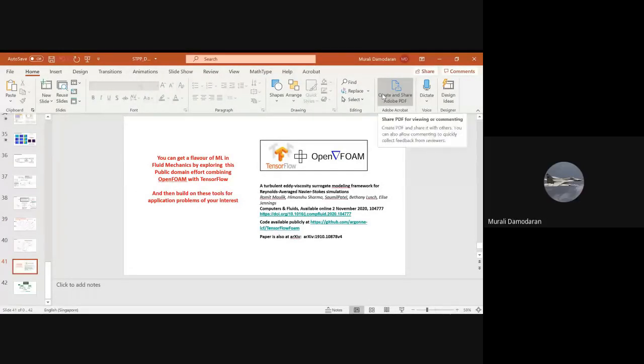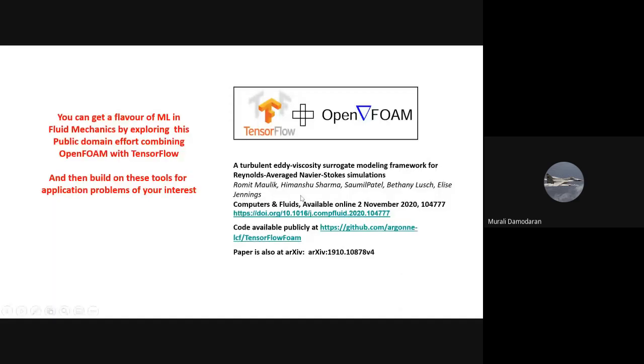Yeah. Okay. So there is a group at Argonne National Lab, Romit Maulik and Himanshu Sharma, who developed something combining TensorFlow and OpenFOAM, called TensorFlowFoam. In the paper, they use OpenFOAM to generate the results and couple it with TensorFlow.